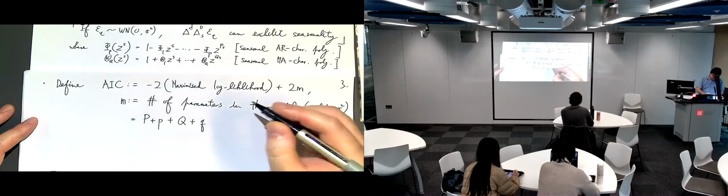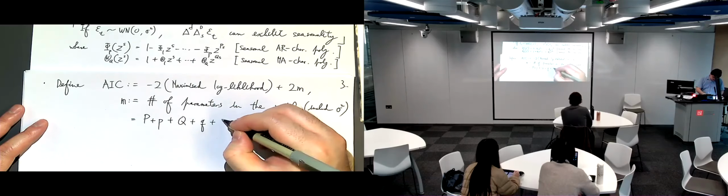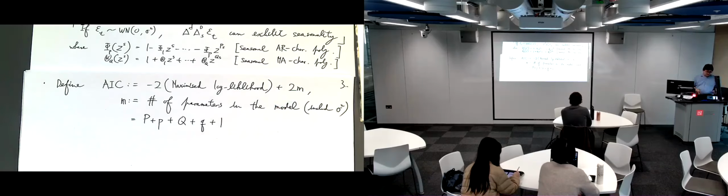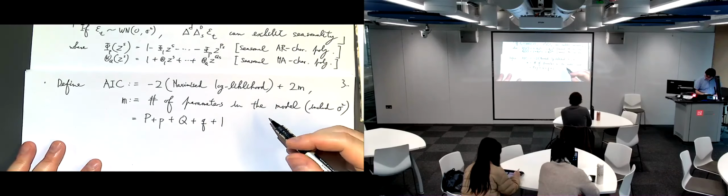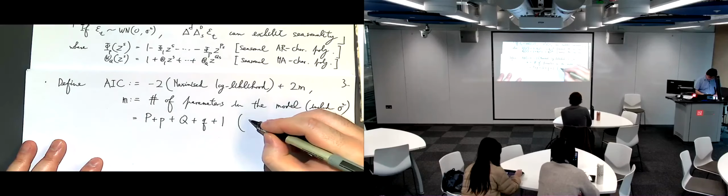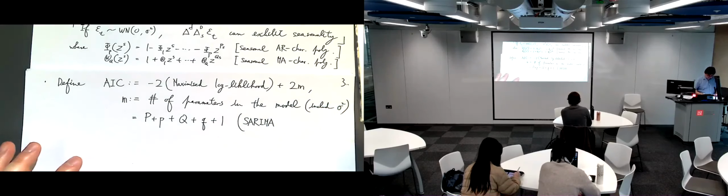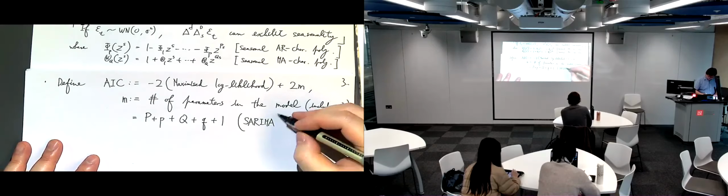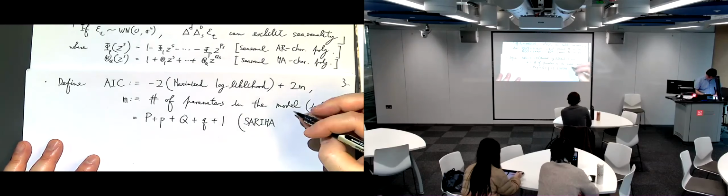So there's little q. And then of course there's a sigma square. So that's the number of parameters, the dimension of the problem, basically. People call this kind of model seasonal ARIMA, the full name being seasonal autoregressive integrated moving average model, right?